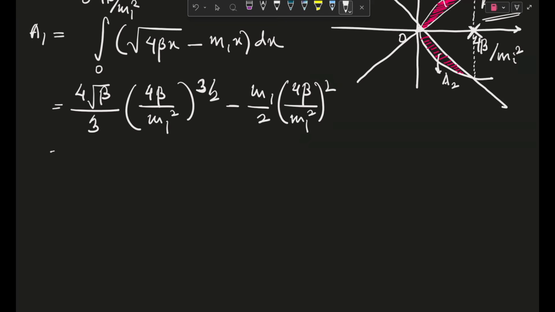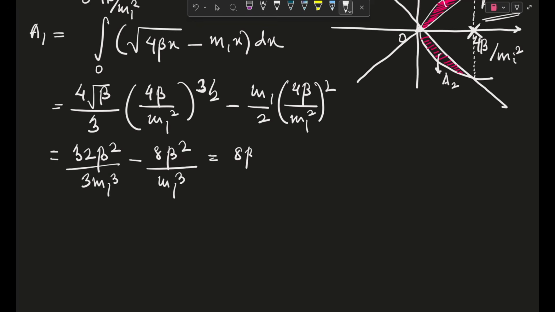So this thing approximately becomes 32 beta square whole divided by 3 m1 cube minus of 8 beta square whole divided by m1 cube. So this will come out to be 8 beta square divided by 3 m1 cube.